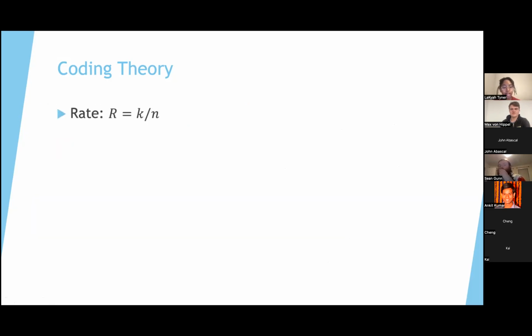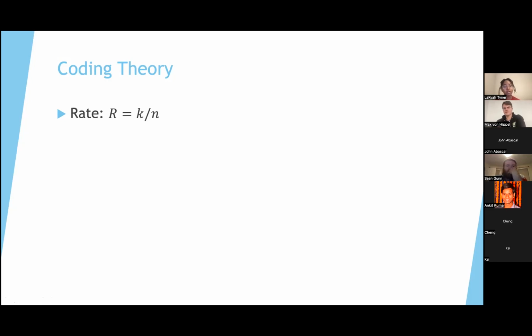Okay, and we define the rate of a code to be the ratio between the size of our original message, which is of size k, and the size of our code word, which is of size n. The code word is going to have to be a little bit longer than the original message because we need additional bits to enable error correcting. We need a little more information so that we can actually recover the error.